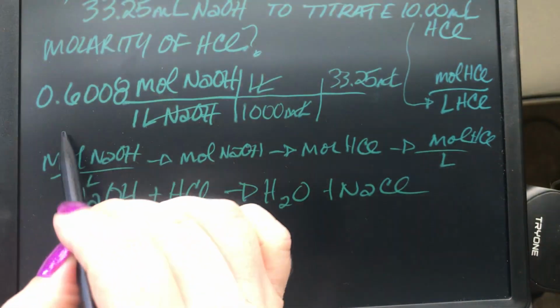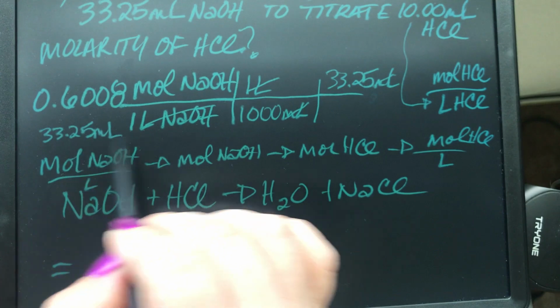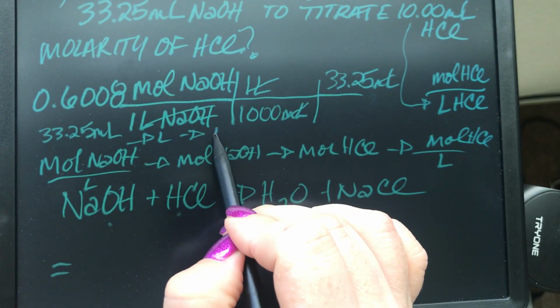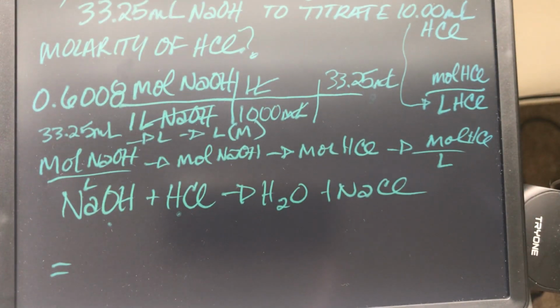So I could have written that and then gone to liters and then did liters times molarity, right? So whatever way is easier for you to think about. Victoria, that was kind of your point about going milliliters to liters. That was the way you would start this problem, which is totally fine.